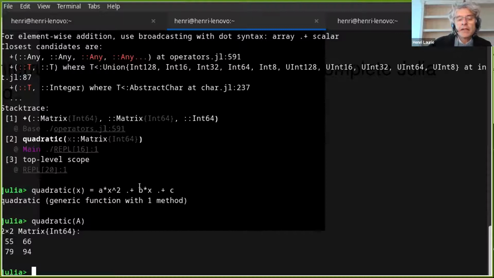And so you can't actually add the number 1 to the matrix, strictly speaking. But if you broadcast it, then it will take C times a square matrix of C, C, C, C, and add it. So this shows a little bit of the composability and the charm of Julia in that way. Okay.